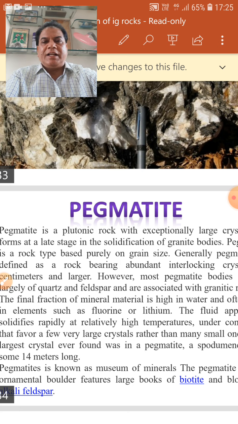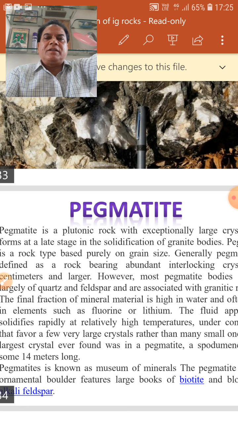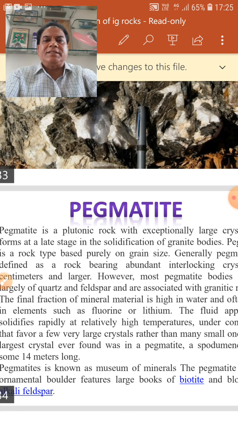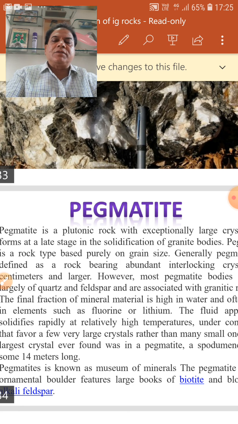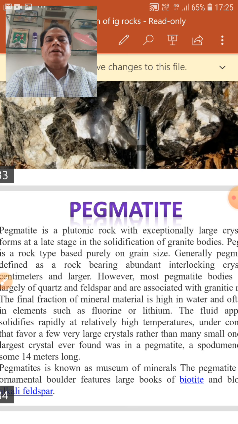Sequentially above gabbro you will find diorite, then syenite, then granodiorite, and ultimately granite will be at the top, because the minerals of granite, quartz and orthoclase, crystallize in the end stages of the magma, and naturally that will finally be at the top if the sequence is preserved as such.